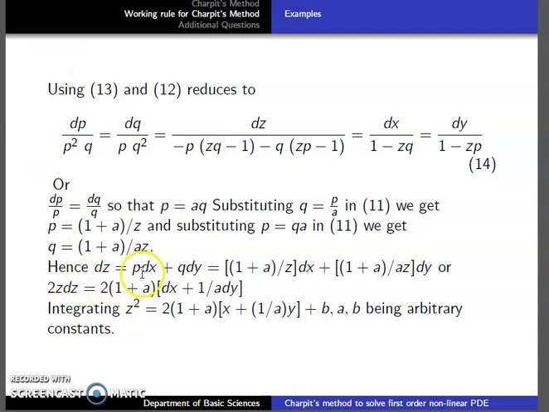Hence dz equal to p dx plus q dy equal to (1 plus a) by z dx plus (1 plus a) by az dy, or 2z dz equal to 2 into (1 plus a) into (dx plus 1 by a dy), which on integrating we get z square equal to 2 into (1 plus a) into (x plus 1 by a y) plus b, where a and b are arbitrary constants. It is the required complete integral.